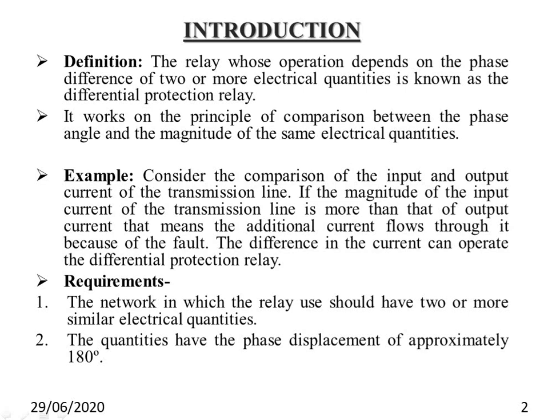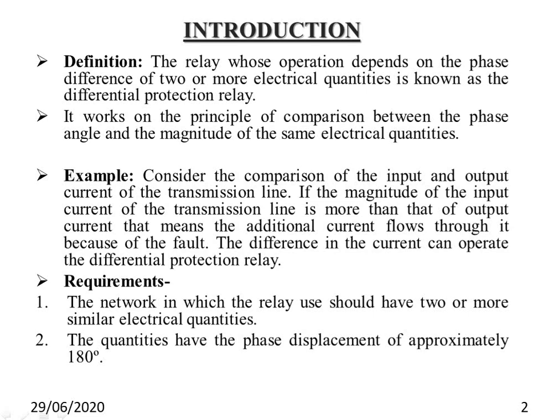Now come to an example. Consider a comparison of the input and output current of a transmission line. If the magnitude of the input current of the transmission line is more than the output current, then we can see that there is some additional current.